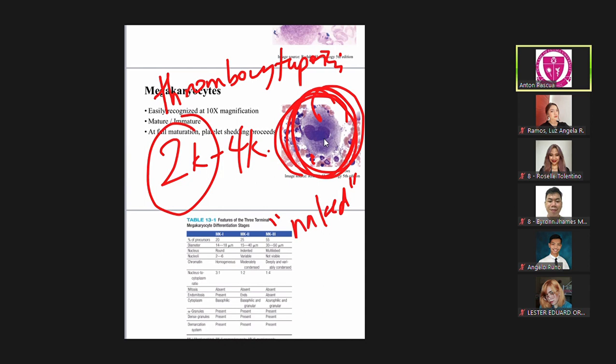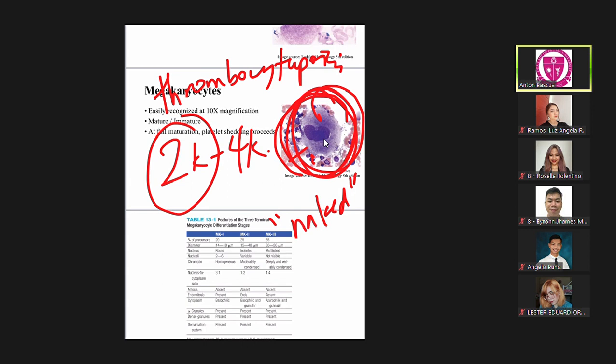Yung mga macrophage natin sa bone marrow natin will then clear out your megakaryocyte. And by the way, there are studies suggesting na a little portion of megakaryocytes could be present in your lungs. Roughly about 1% could be present in your lungs.